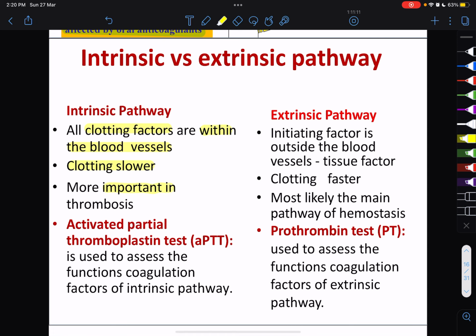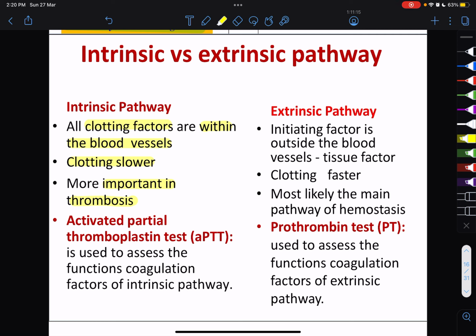Okay? One point is new for you. There is one test. If we want to check the intrinsic pathway in the lab, if you want to check that the intrinsic pathway is working normally in this person or not, we use a special test, and that test is called activated partial thromboplastin time, APTT.